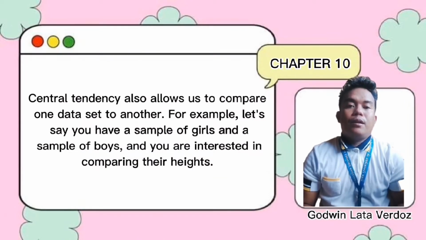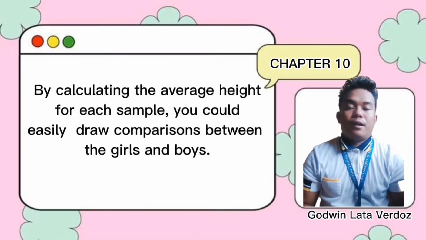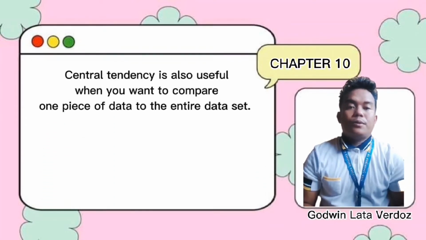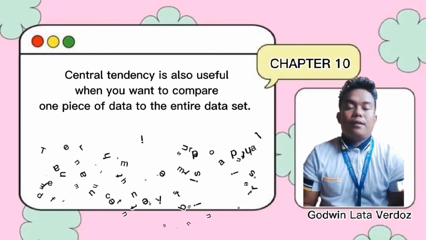For example, let's say you have a sample of girls and a sample of boys, and you are interested in comparing their heights. By calculating the average height for each sample, you could easily draw a comparison between the girls and boys. Central tendency is also useful when you want to compare one piece of data to the entire data set.